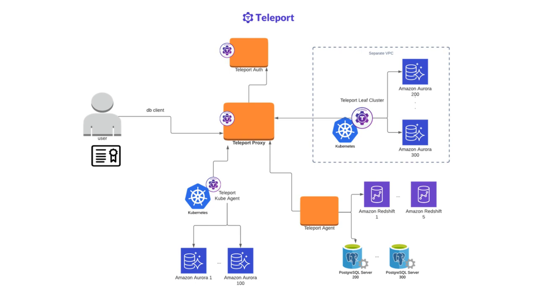Well, I might have another set of databases that are in a very different region, up in New York or somewhere else in the world, and also could be network restricted. I don't want to have hundreds of databases, all the agents connecting back to a specific Teleport instance in a different VPC. Basically, I want to contain them and only have one particular Teleport instance in an isolated network.